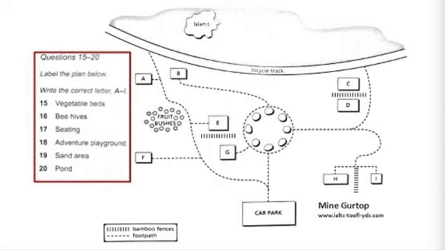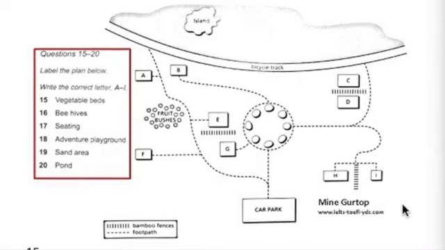The sand area is just above the bamboo fence there. And finally, the pond area. So, it's on the left-hand side of your plan, towards the top, just above the fruit bushes and to the left of the little path.